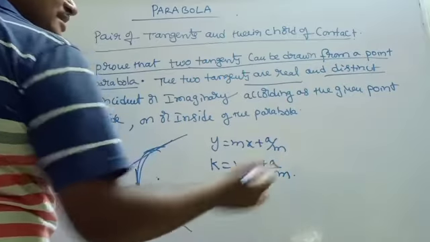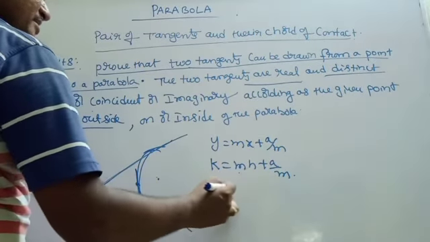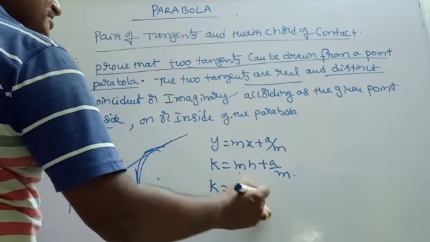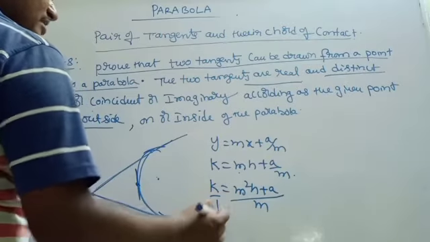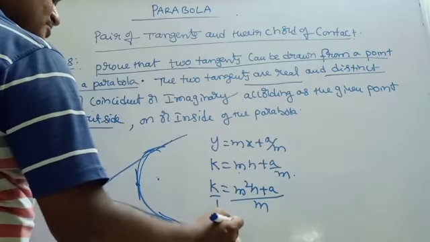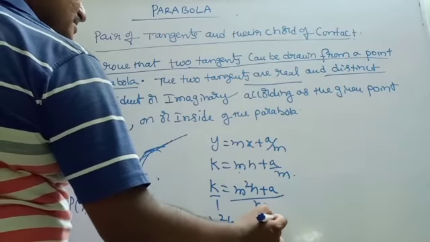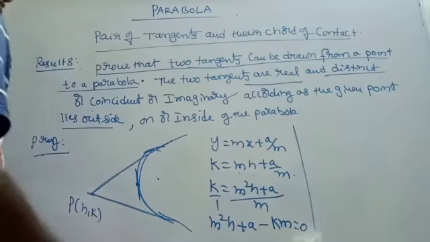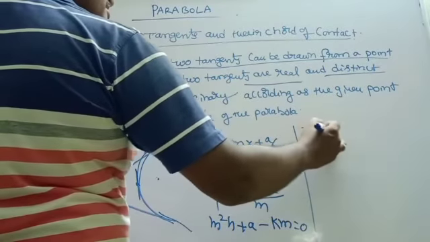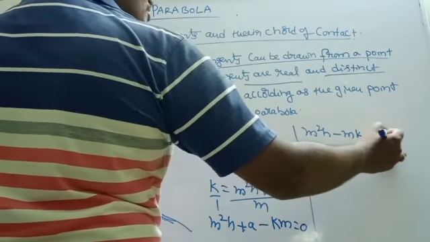Let us take LCM: k is equal to (m square h plus a) by m. Now do the cross multiplication. You will have m square h plus a minus km is equal to 0. This is nothing but m square h minus mk plus a equal to 0.